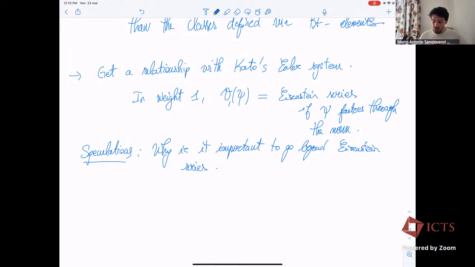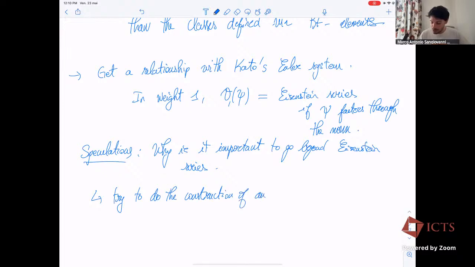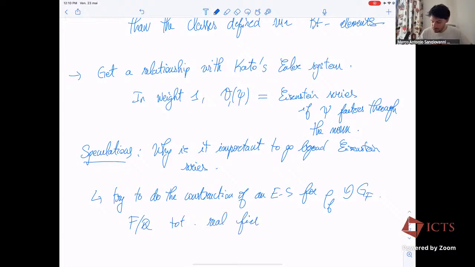In this field, to me, one of the key problems is to try to do the construction of an Euler system for rho F, the action of G_F, where F over Q is a totally real field and now f is a Hilbert modular form.